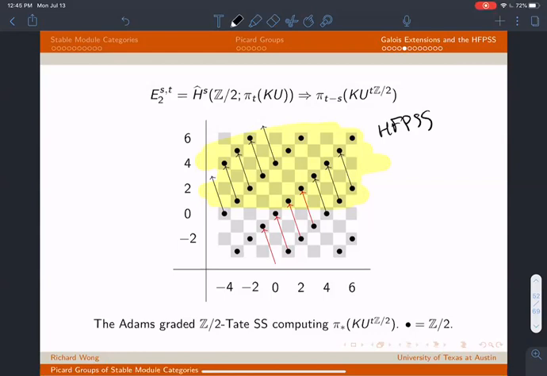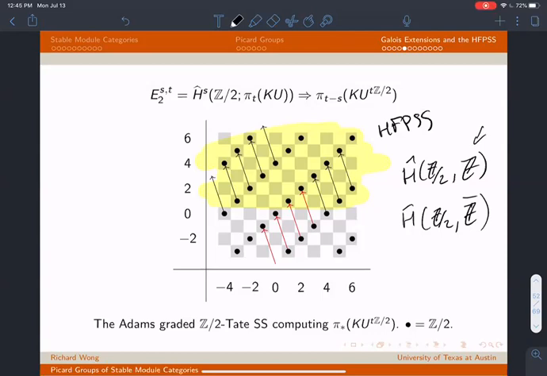And everything below, you can calculate Tate cohomology of Z/2, Z, and Tate cohomology. So this is the trivial action, and this is the conjugation action.